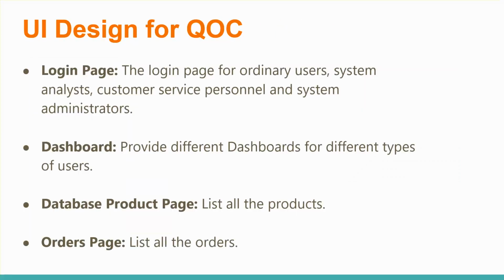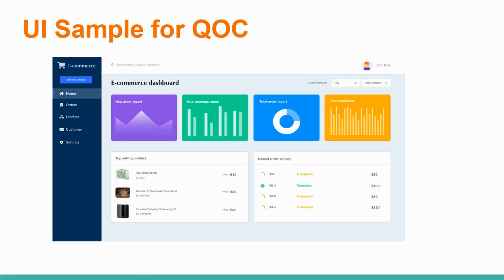Here is the UI design for QOC. For the UI design, I list 4 pages. First is the login page, then the dashboard, the product page, and the orders page. All the information is listed here. Let's take one example. This is the e-commerce dashboard.